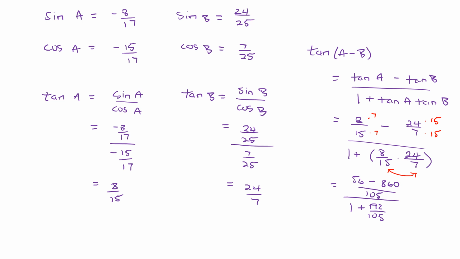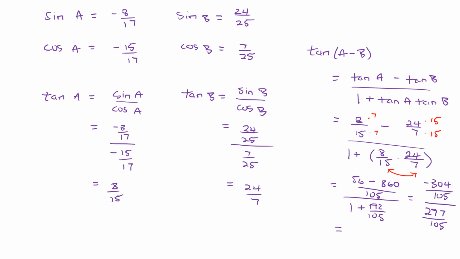So we can simplify this some more. In the numerator, it's minus 360, so that's 304 over 105. And then we're adding 1, so we're adding 105 to the numerator, and that will be 297 over 105.